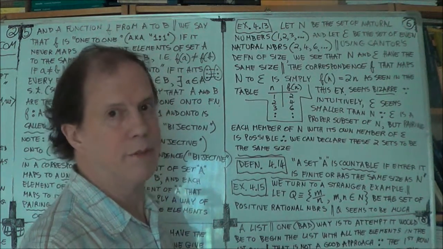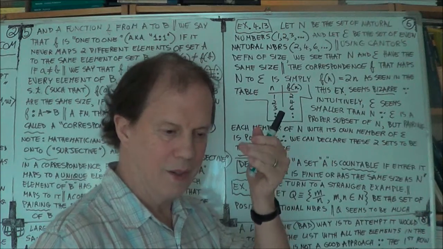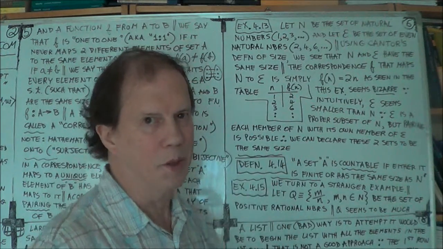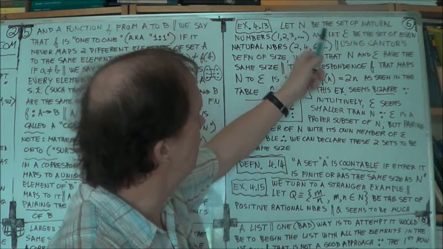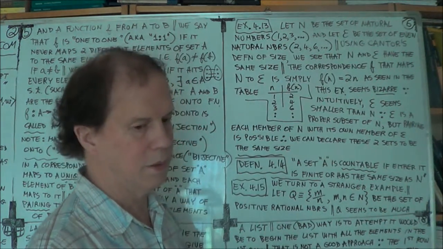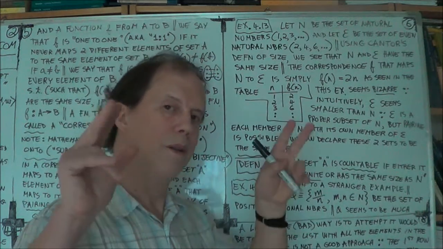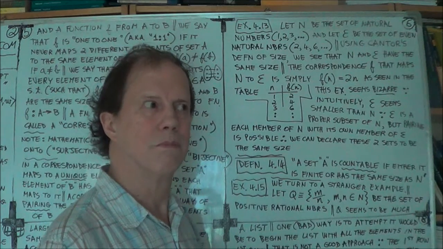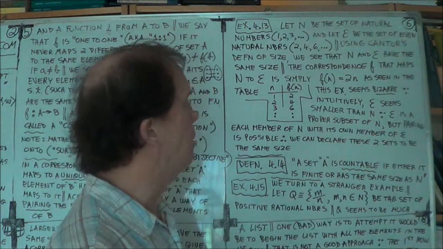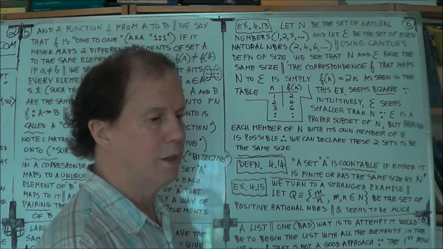And therefore, by definition, given this correspondence, this bijection, this pairing, whatever you want to call it, these two sets, N and capital epsilon, have the same size in the Cantorian sense, the meaning, the definition of size.